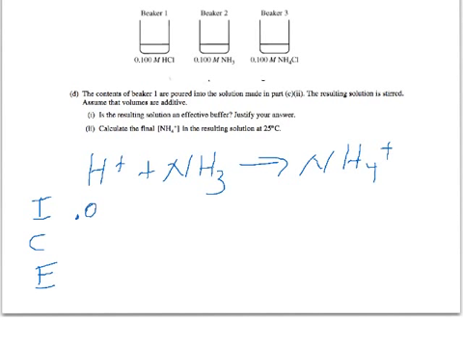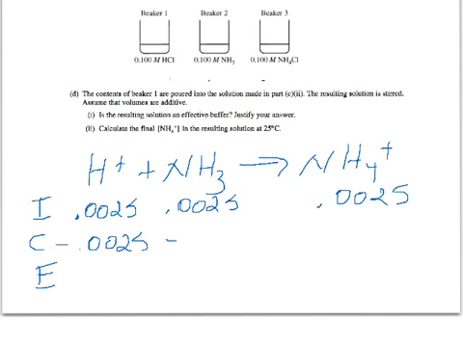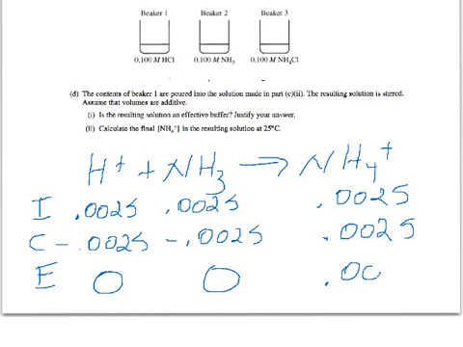So we're going to add 0.0025 here, 0.0025 here, but we already had 0.0025 of the ammonium ion. So this one's going to go down by 0.0025. This one's going to go down by 0.0025. This one's going to go up by 0.0025. So at equilibrium, we're not going to have any of this, none of this, and we'll have 0.0025 moles.